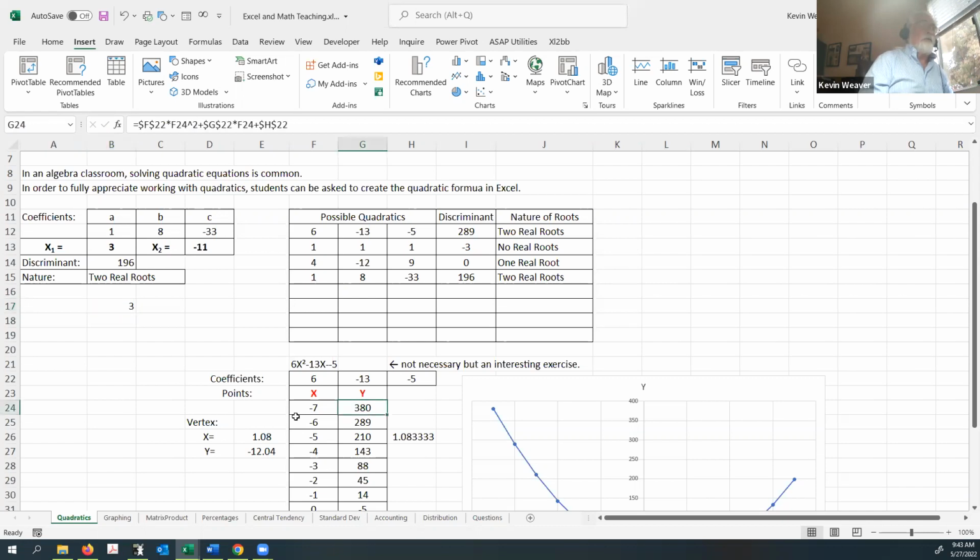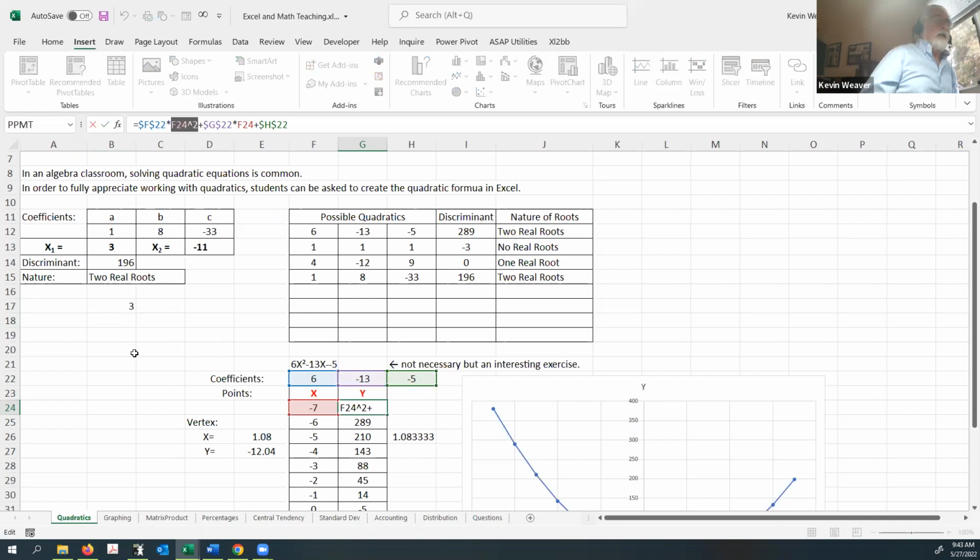When I look over here where I calculated the 380, think about what happens. One of the things I wanted to do was to take the number that was in F24. So what's in F24? That's the -7. That's X. And I wanted to square it.